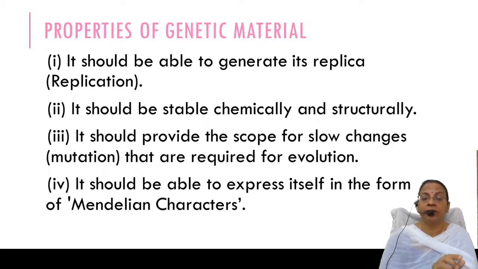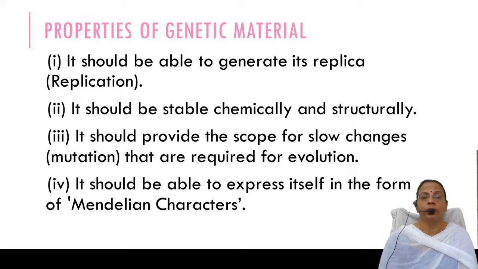That is, the error rate of DNA replication is 1 in 10 to the power of 6. One error in 10 to the power of 6 base pairings. So very minor changes can occasionally occur, which can lead to evolution.